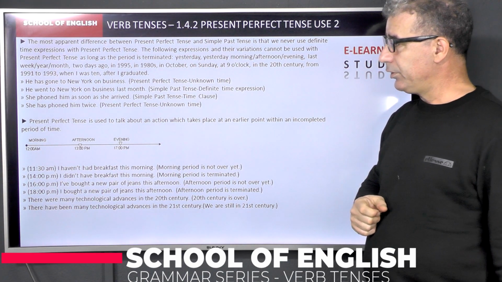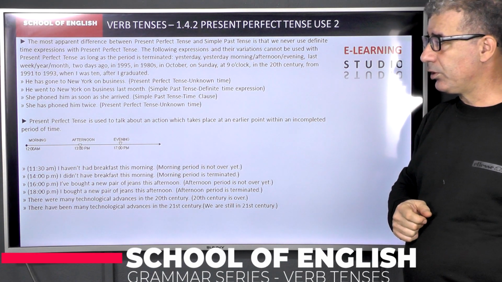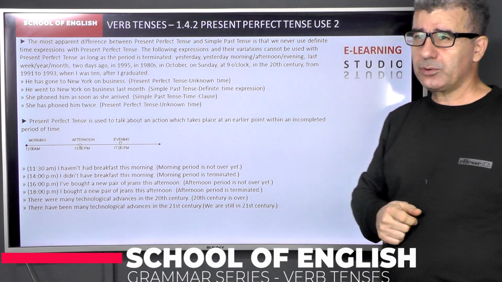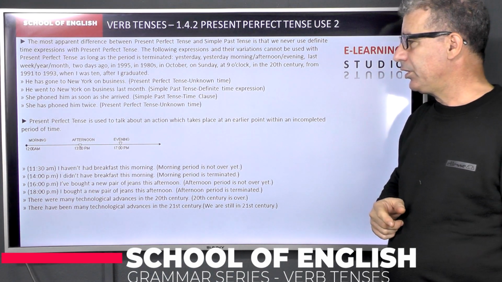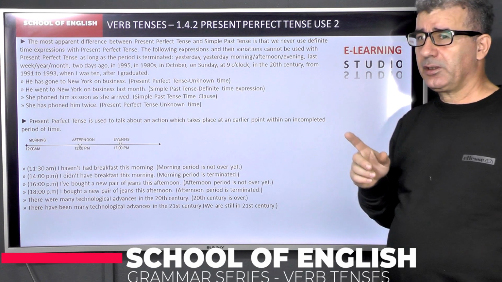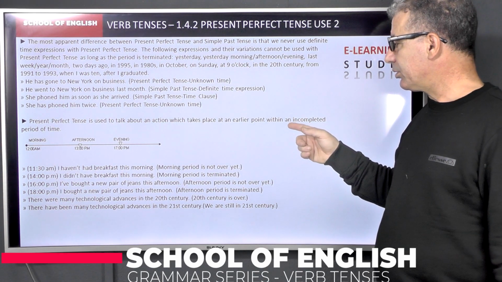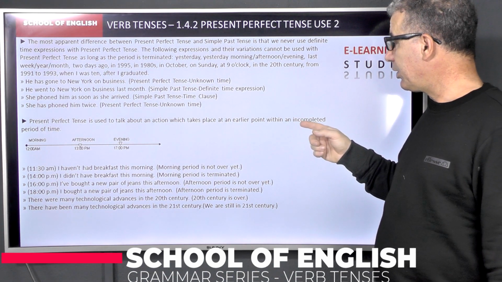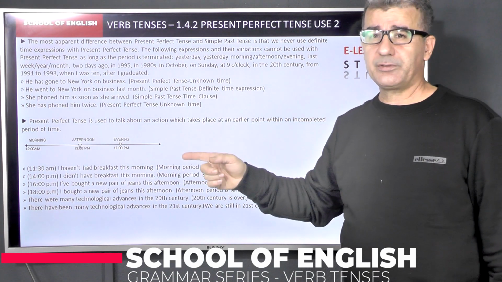Now, we'll go on with another use of present perfect tense. Present perfect tense is used to talk about an action which takes place at an earlier point within, this part is the key, within an incompleted period of time.